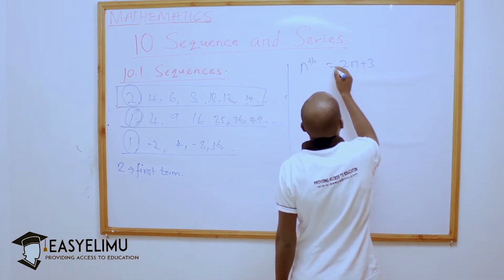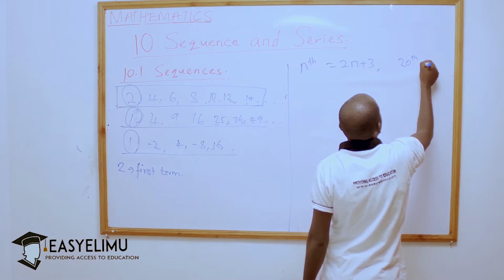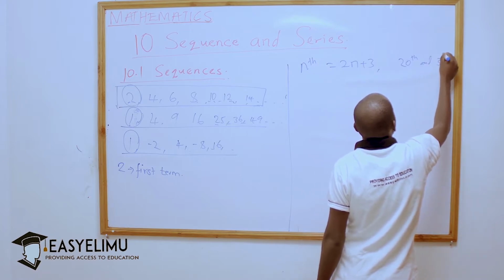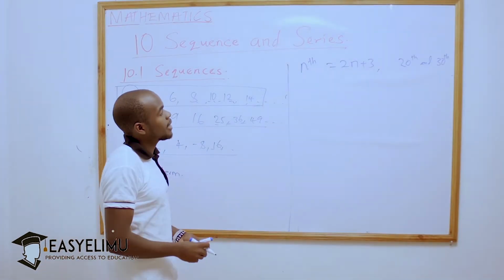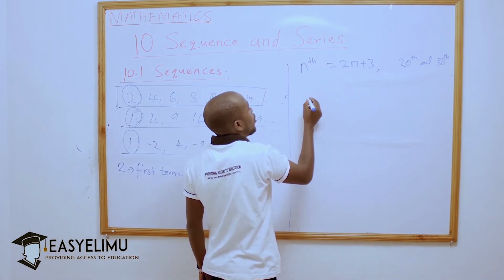So if we have been given that, then we should find the 20th and 30th. To find the 20th and 30th, we shall use this formula.